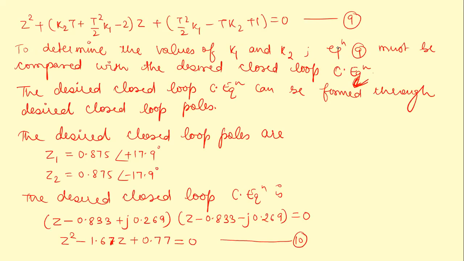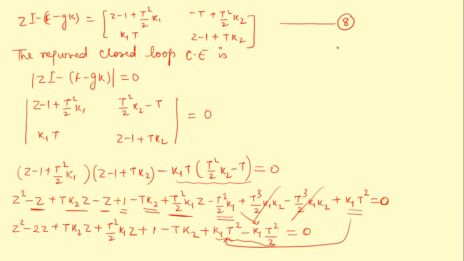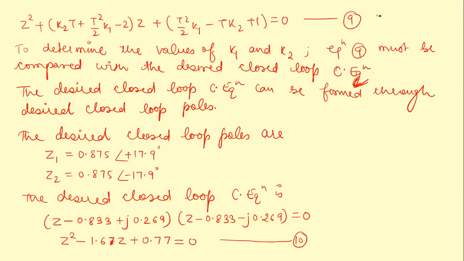We can see equation number 9 here and equation number 10 here, so we can compare the relevant elements: the coefficient of z square is 1 in both, the coefficient of z is compared, and the constant is compared, right?